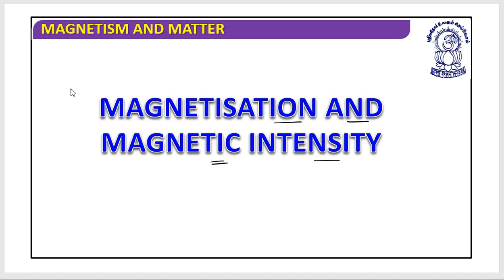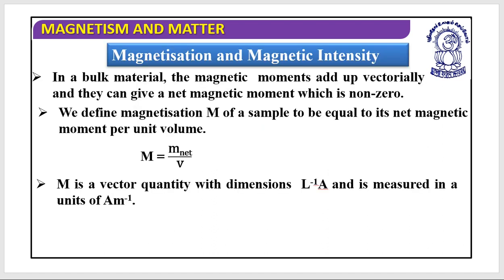So let's begin. Initially, magnetization and magnetic intensity. In a bulk material, the magnetic moments add up vectorially, and they can give a net magnetic moment which is non-zero.